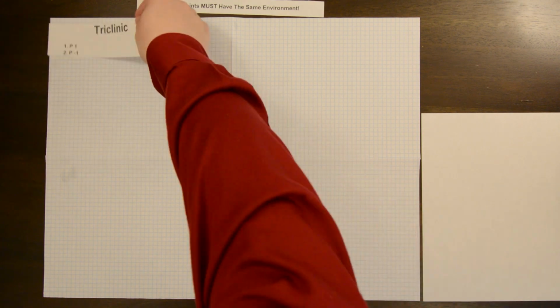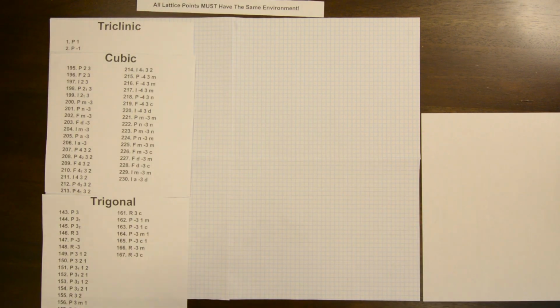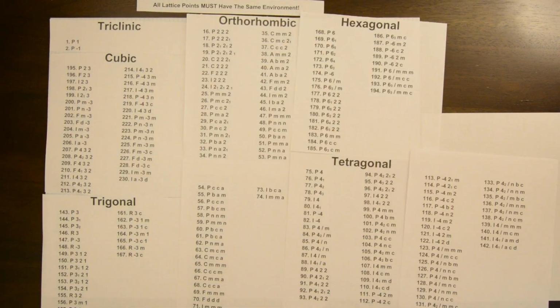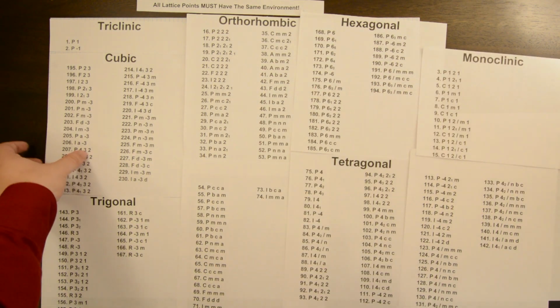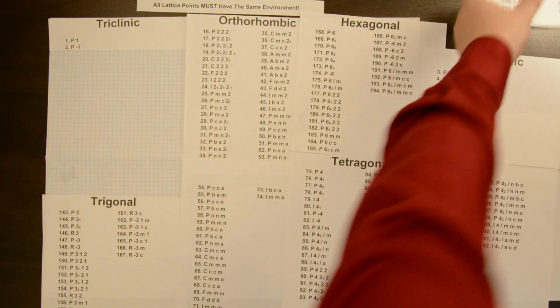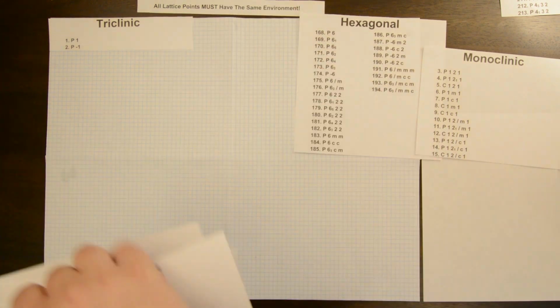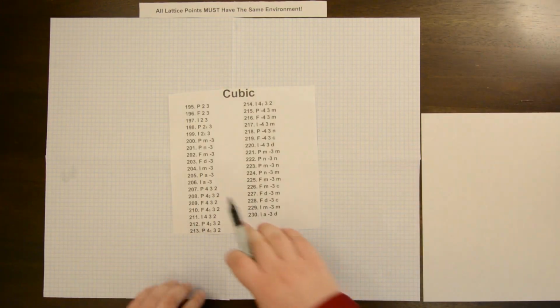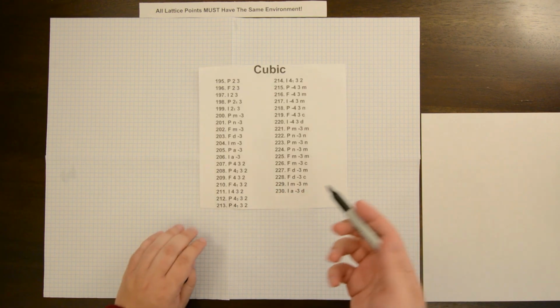So, let's go back to our 230 possible space groups. We can throw out all but the cubic. And within the cubic, we can throw out many of these.